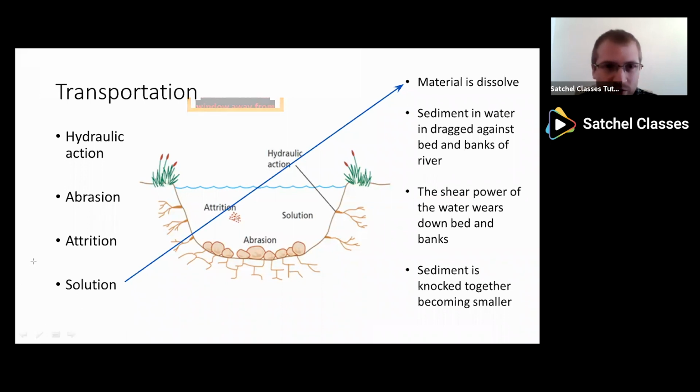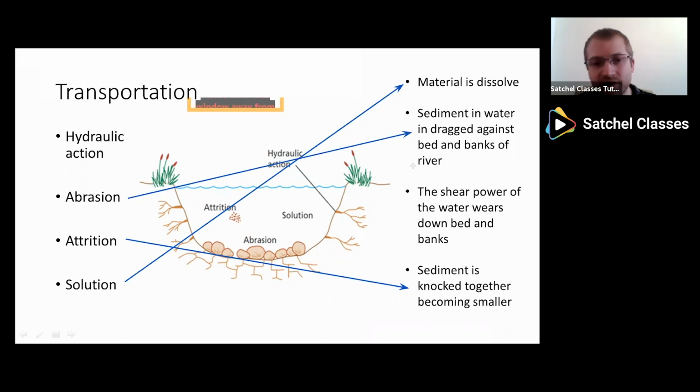This is basically where the sediment is floating, and we can see that that sediment is floating, so actually it's the water holding that sediment, and it will gradually get knocked together. So that is this definition here. Now abrasion, we can see that sediment right at the very bottom, and this is to do with sediment being dragged by the river against the bed of the river, the bottom of the river.